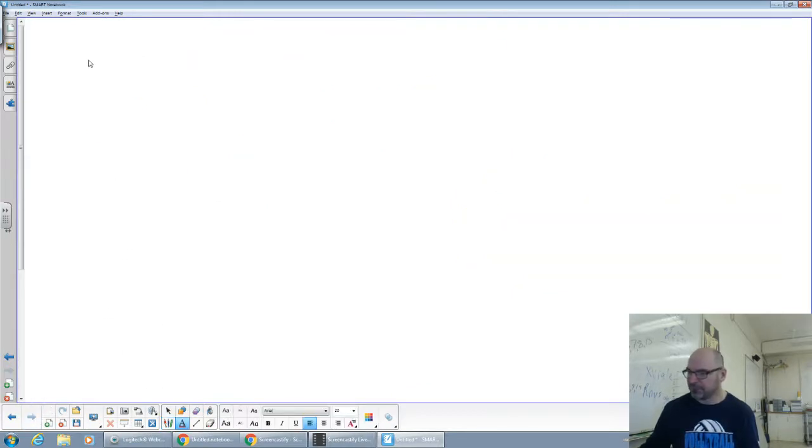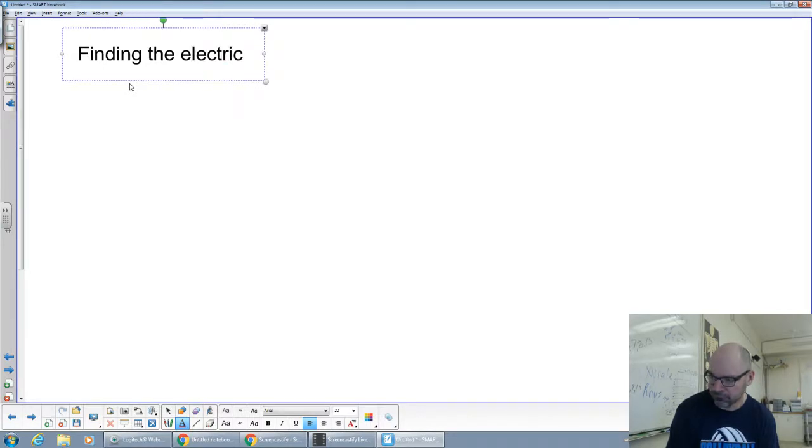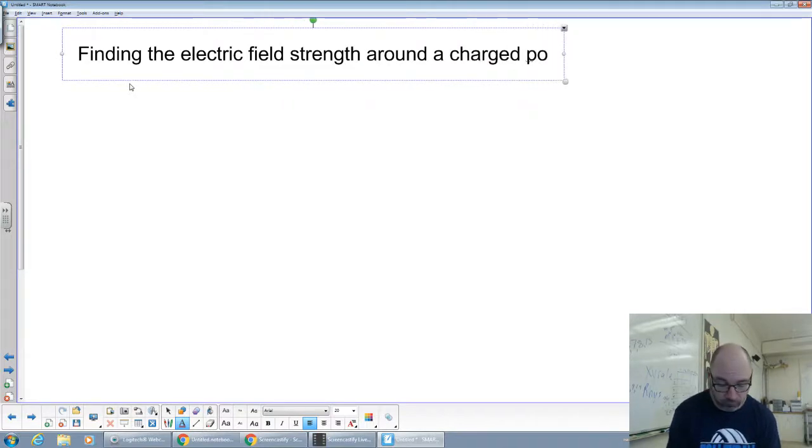We'll call it finding the electric field strength around a charged point. Okay, so we have to combine the electric field strength and Coulomb's law at the same time.